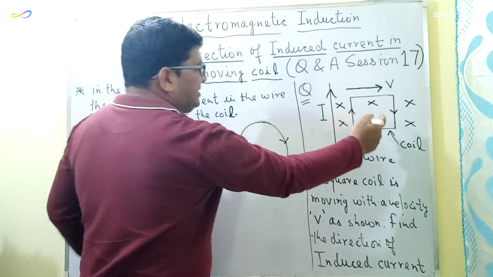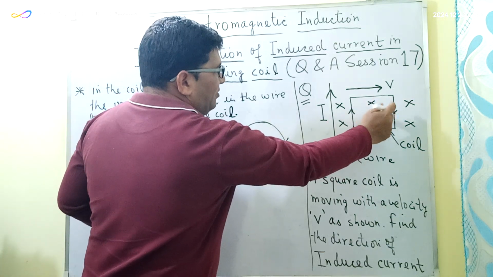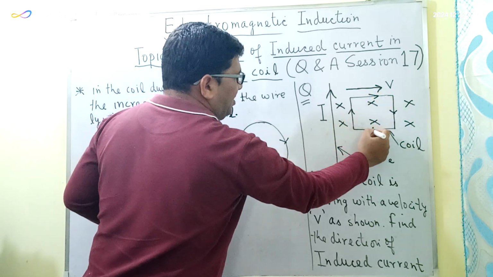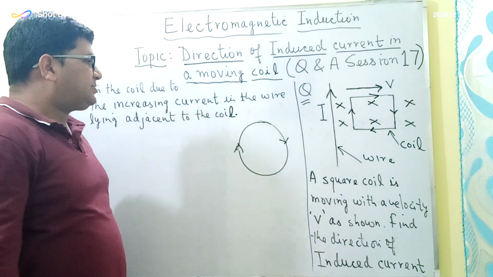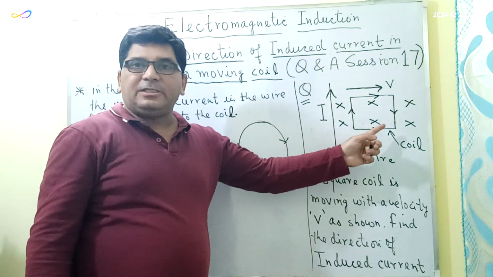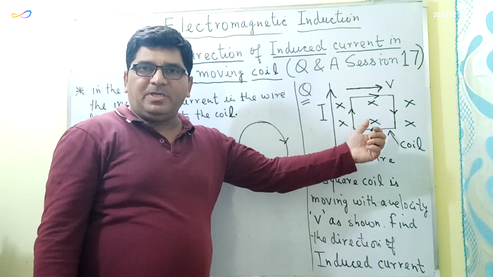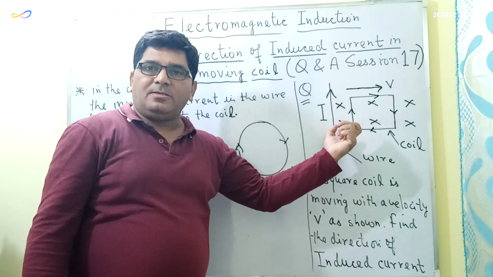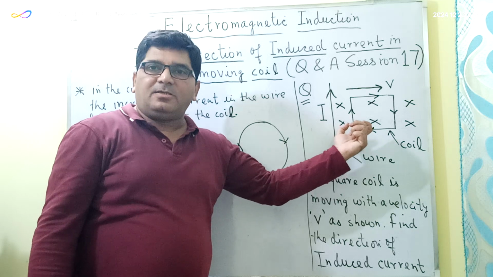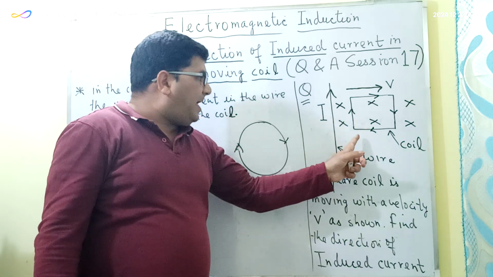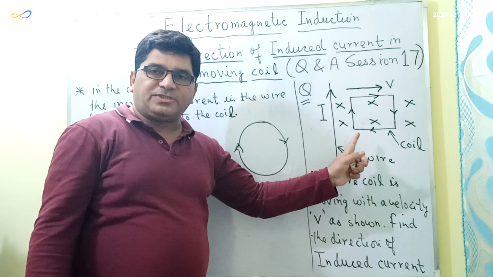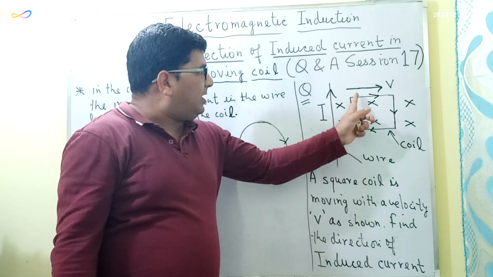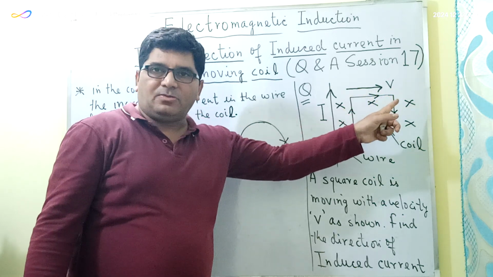So in this case, the direction of the current will be clockwise as indicated by these arrows, because if the direction of the induced current is clockwise, then the direction of the magnetic field will be into the plane of the paper, and this will try to compensate the decrease in the magnetic field which is happening because of the movement of this square coil in the direction indicated by this arrow.